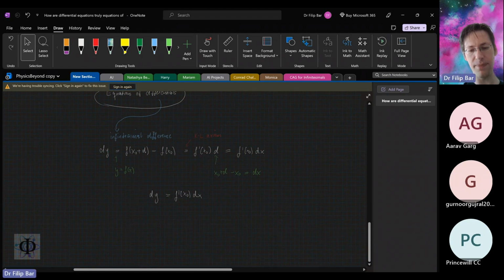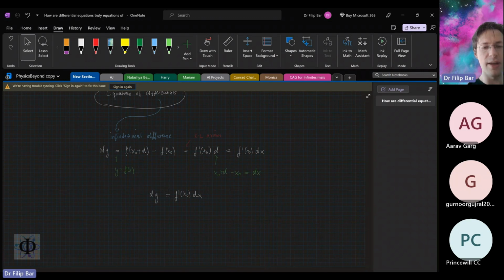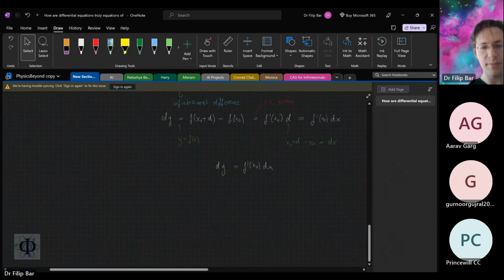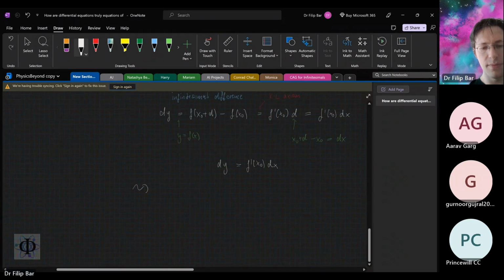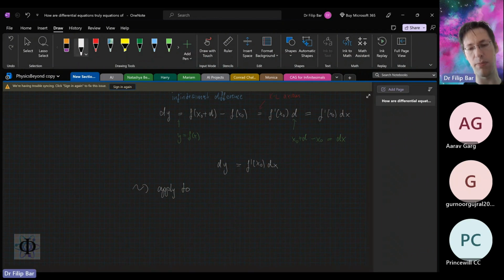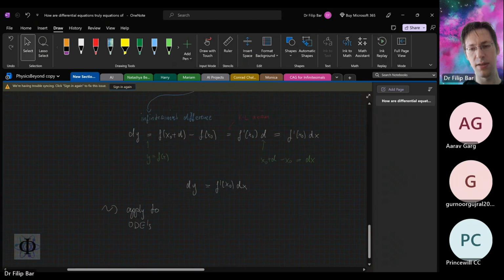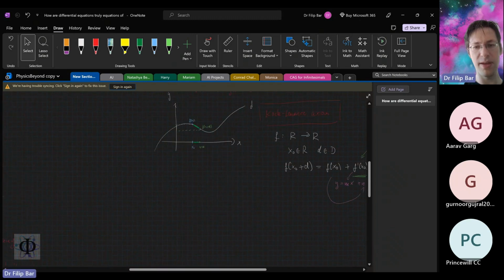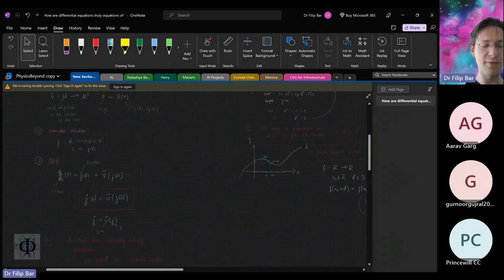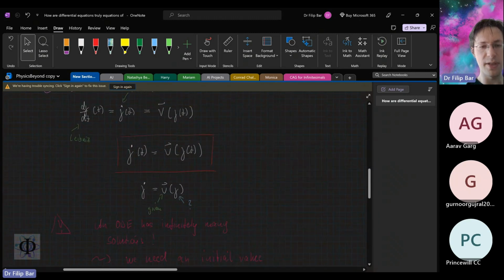Yeah. Right. Now let's apply that to ODEs. Let's go and do that. So let's go up here and look at our ODEs. Now we need the definition of our ODEs, right?